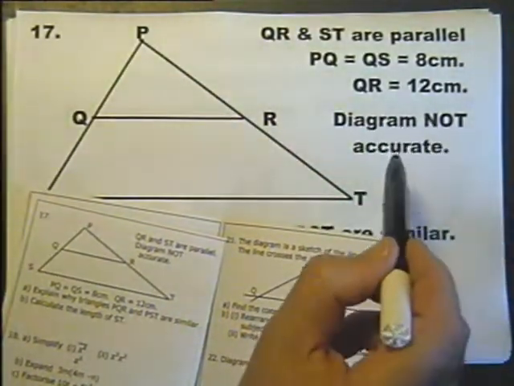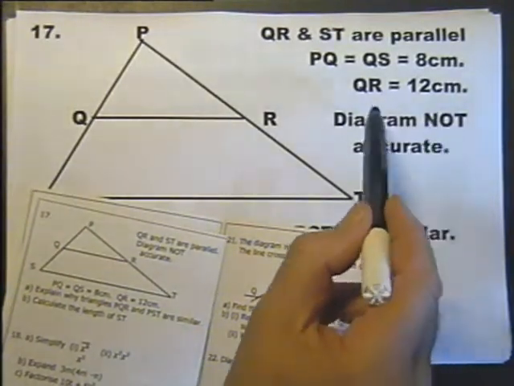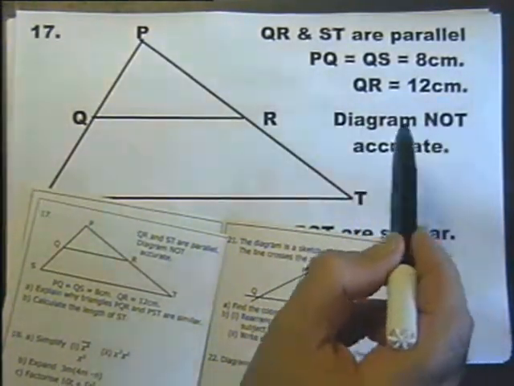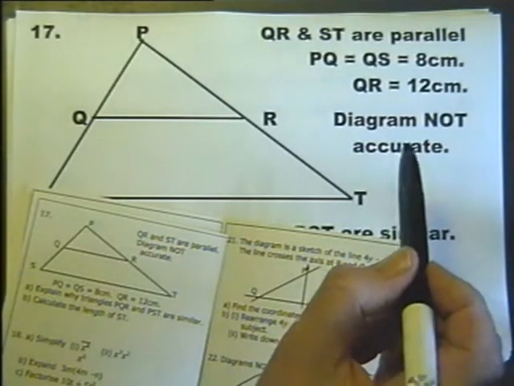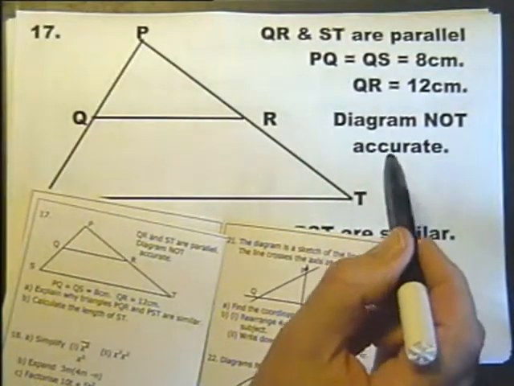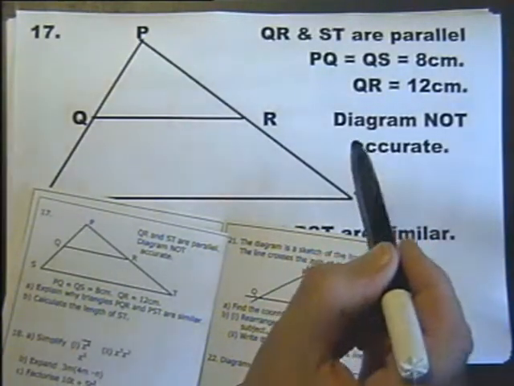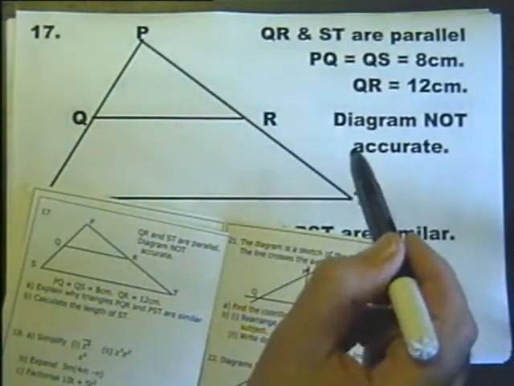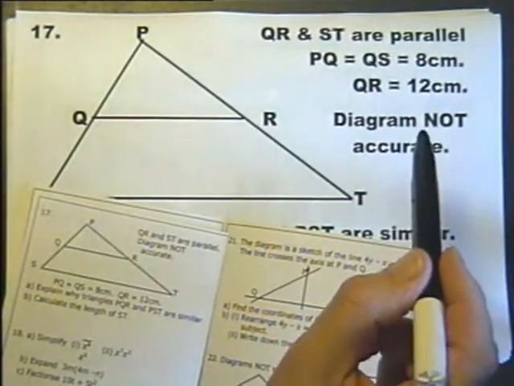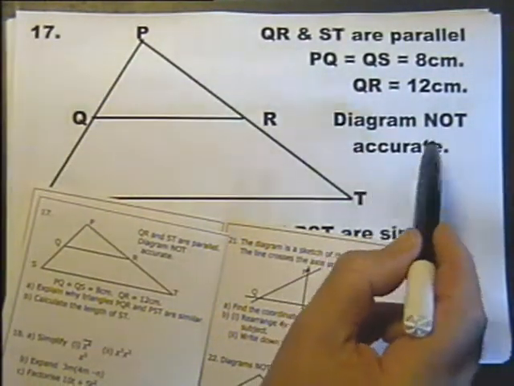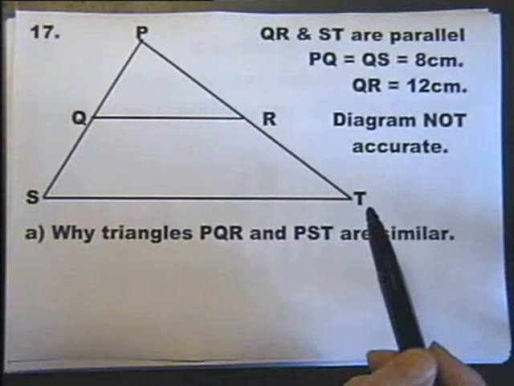You must assume that's the case whether it says it or not. The only time it isn't the case is if the question says quite categorically that the diagram is to scale. It means you can't measure things.